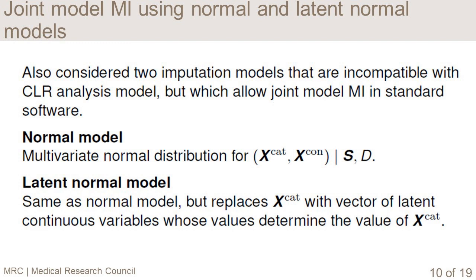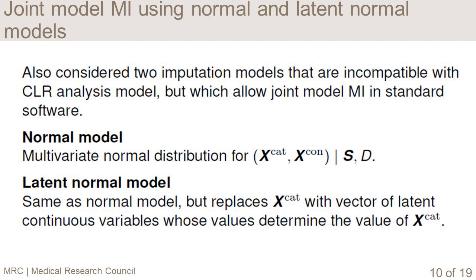So the first of these two imputation models is a normal model, and this assumes that the covariates are normally distributed given the matching variables and disease status. This model is commonly used in practice, just for multiple imputation in general, but not everyone likes it because obviously binary variables can't have a normal distribution.